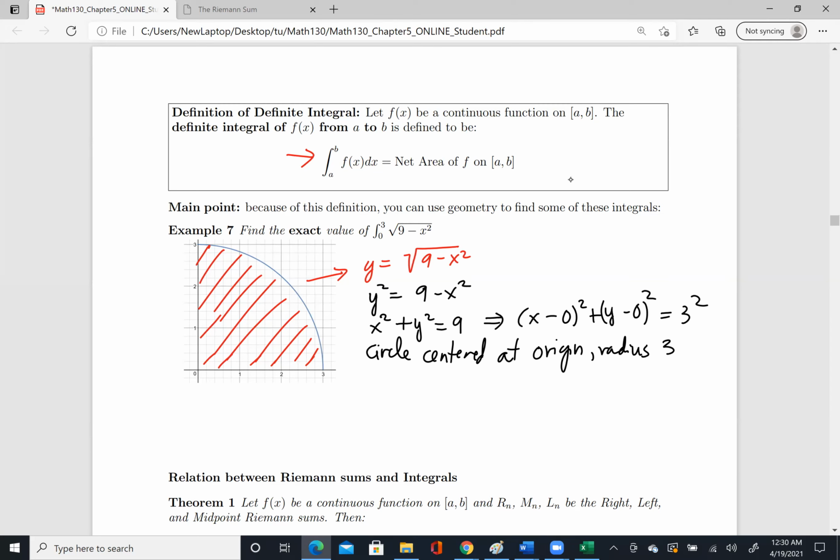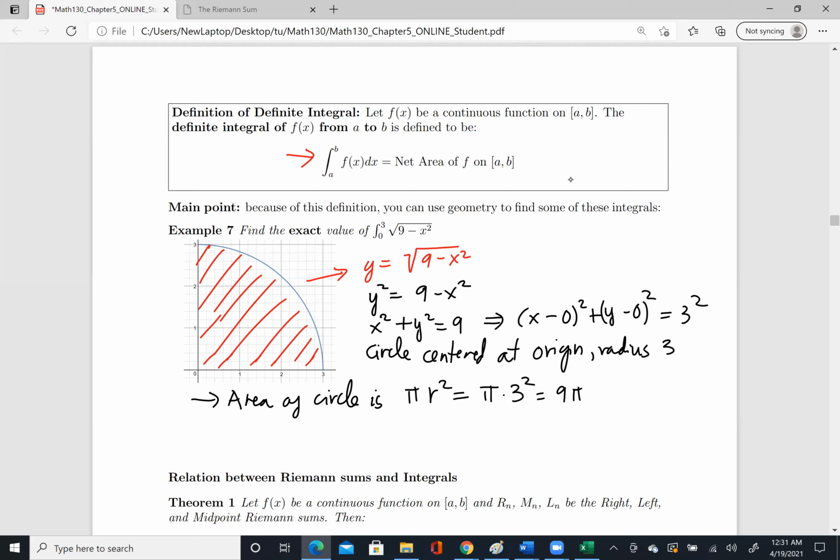Then the area of the circle is, right? We usually know the area of a circle is pi times r squared, which is pi times 3 squared, equal to 9 pi.